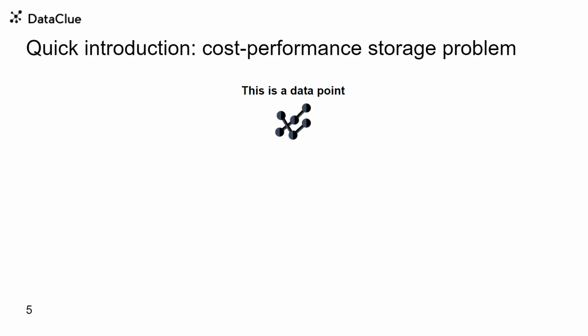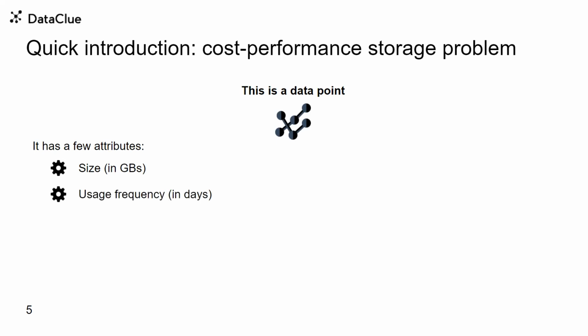Next, let's talk about storing data. First, this is a data point. It's a good start, but a data point has a few attributes. The first is size, of course, and we will talk about gigabytes, because the standard costing plans are associated with gigabytes per month.